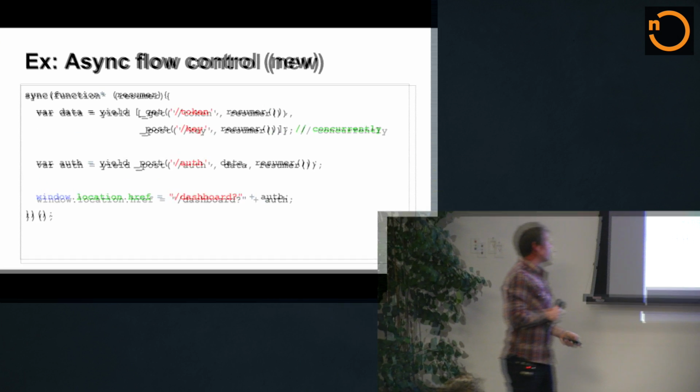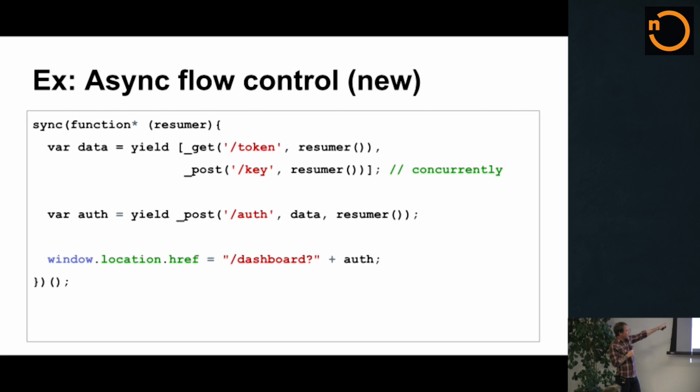What is the resumer argument in that last one? So the resumer argument, notice instead of just passing this thing dumbly along as the callback to these asynchronous operations, I'm actually invoking it here. That is a modification I had to make to async. Basically what it does is every time you call it, it increments a counter.